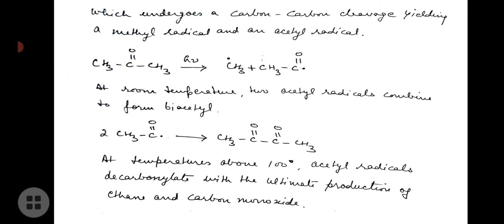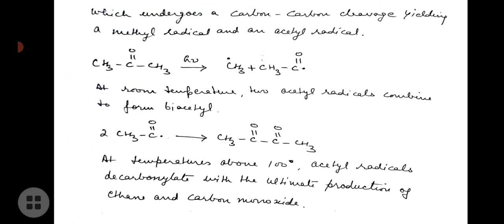At room temperature, two acetyl radicals combine and form biacetyl. In the equation, twice CH3CO, that is acetyl radical, two acetyl radicals combine together and a biacetyl is formed.